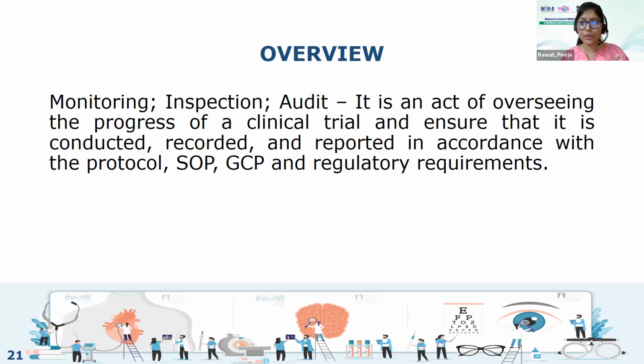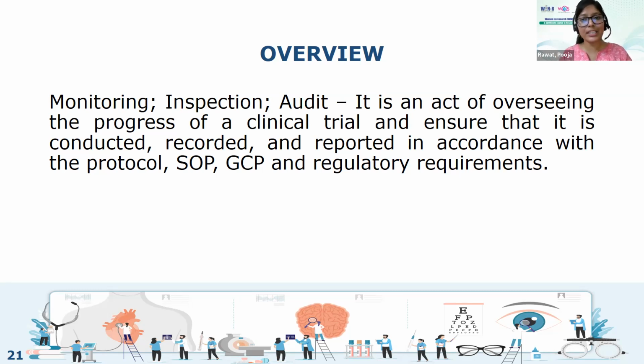Audits and inspections are usually done to check whether the ethical aspects of the trial are being followed or not. Suppose you have recruited a patient without consenting. Or a treatment-naive patient is required for this treatment, however the patient has some other kind of comorbidity.